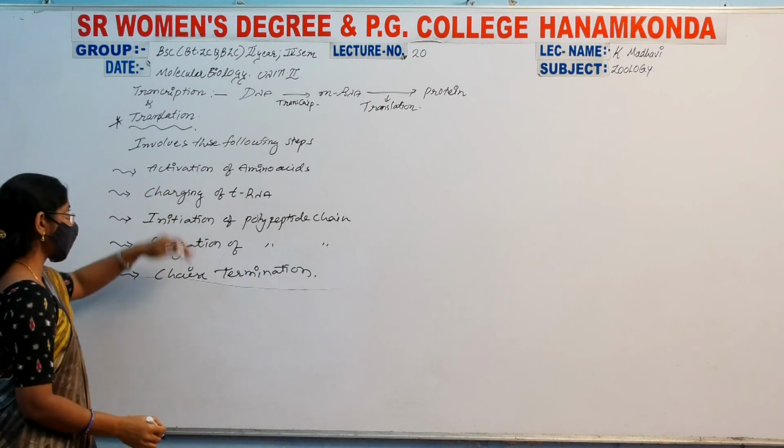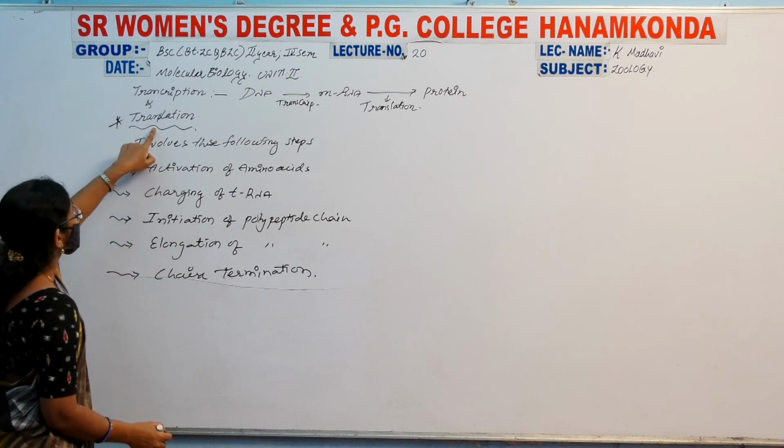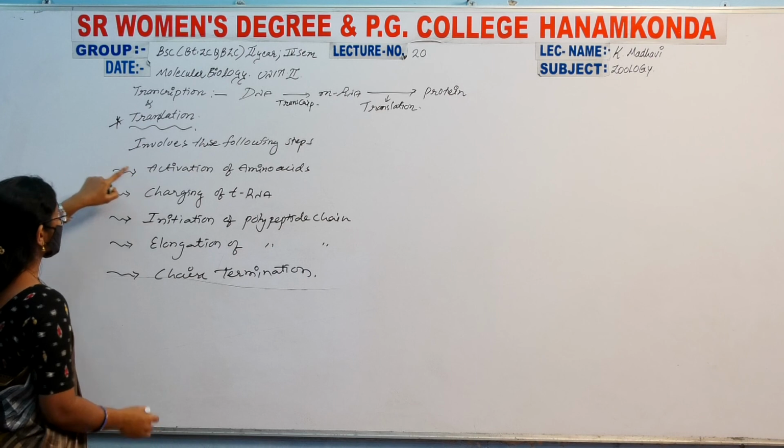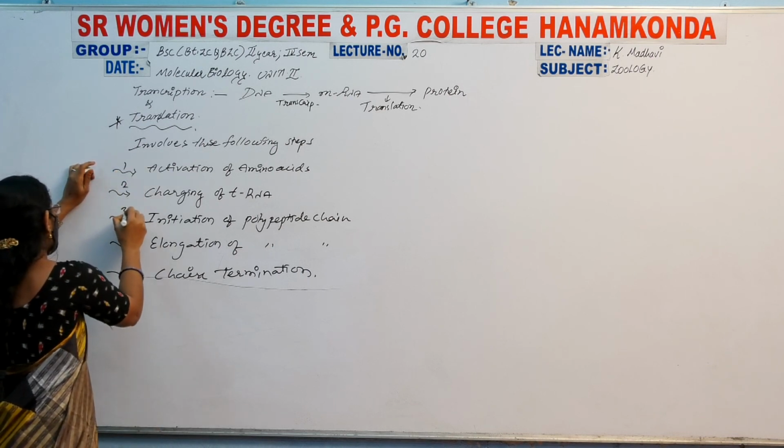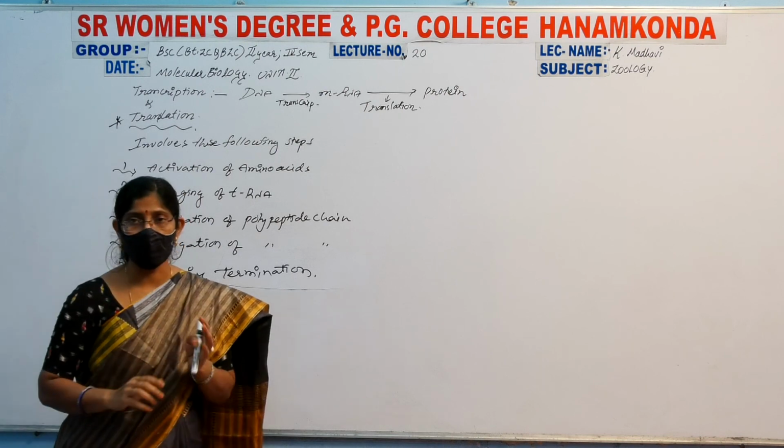These important steps are involved in the process of translation. In total, 5 important steps are involved in translation.